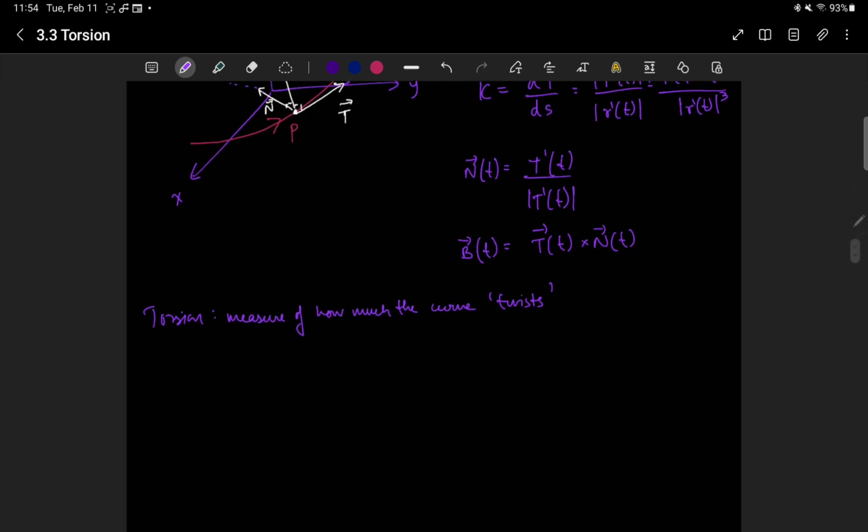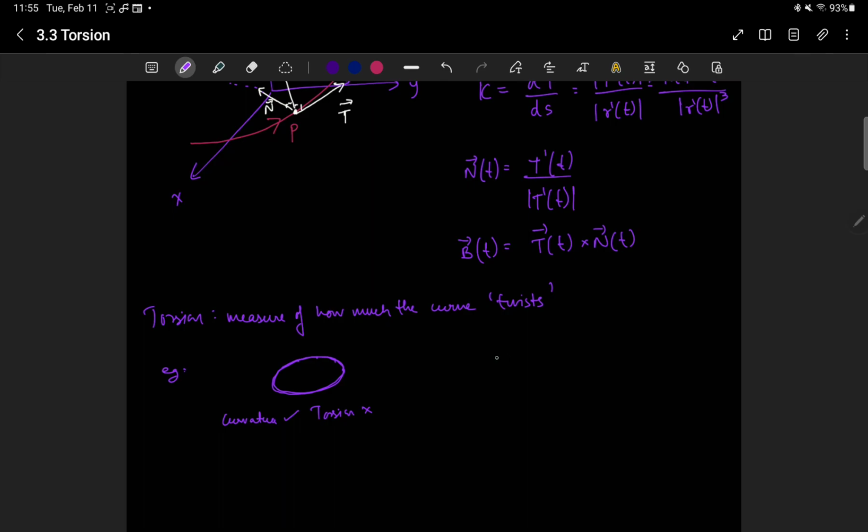It's like curvature but in a different dimension. For example, a circle has some curvature, which we saw is constant, in the sense that at different points it turns. But we would say it doesn't have any torsion because there is no twisting happening. So it has non-zero curvature, but no torsion.